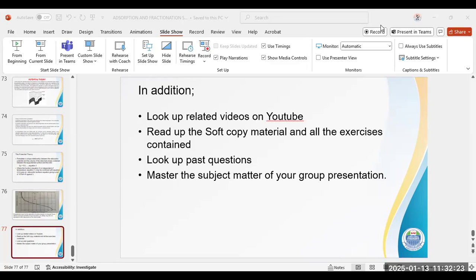So you have it already. All you need to do is to estimate p over p naught divided by v into 1 minus p over p naught as your y, and then do the plotting. So it's quite simple.